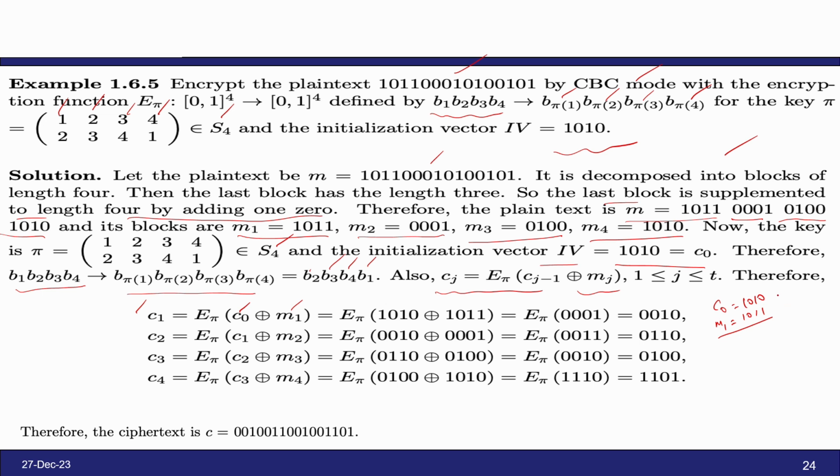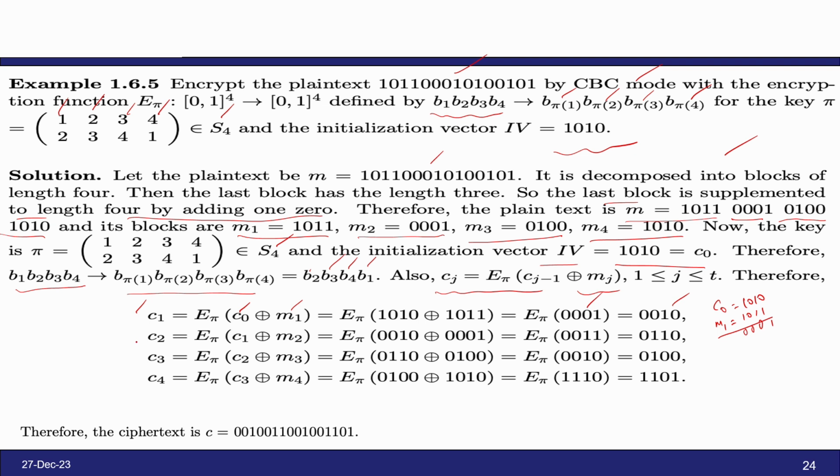Now we have to apply XOR: 1010 XOR 1011 gives 0001. Now what is the corresponding value of 0001? You have to take the mapping, E_pi of 0001 is 0010. So this way we have to calculate the value of C1.